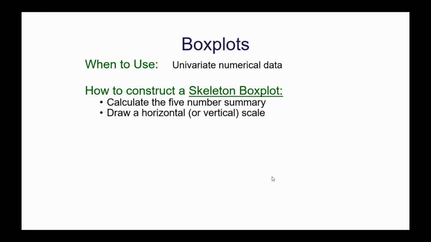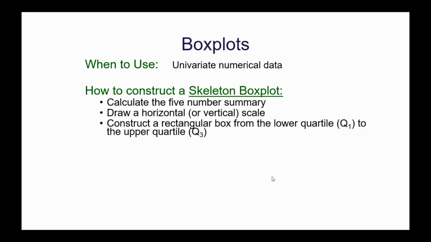Once you know those, you can draw your horizontal or vertical scale. It doesn't matter which way. If you want to do a horizontal box plot, that works, or a vertical one works as well. Then you make your rectangle.